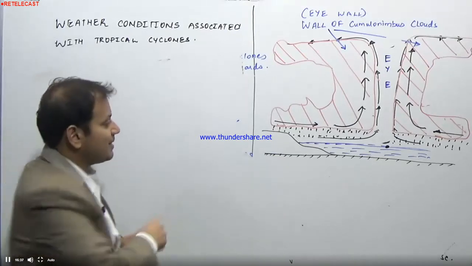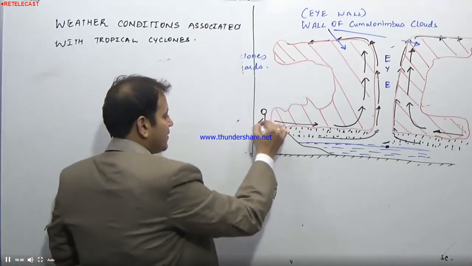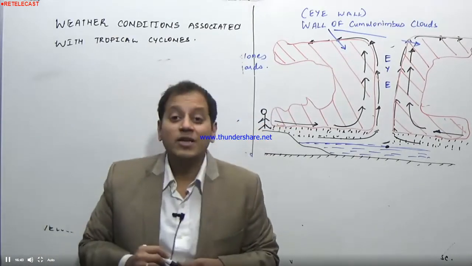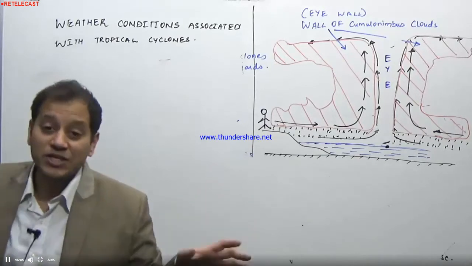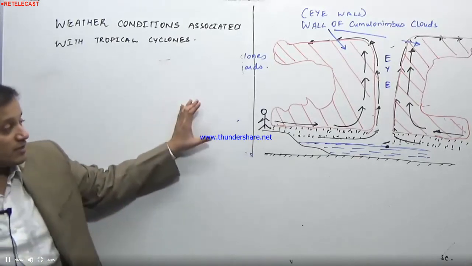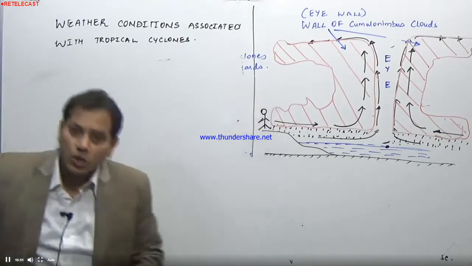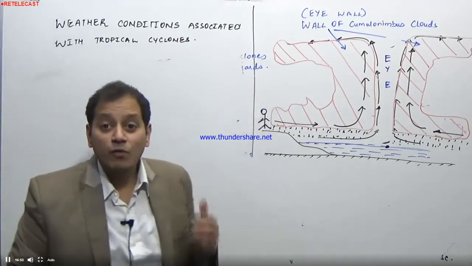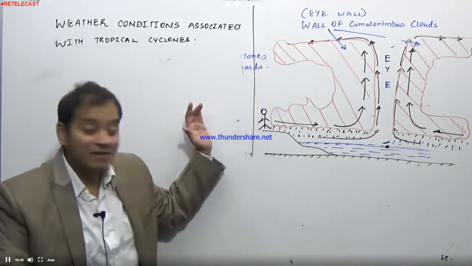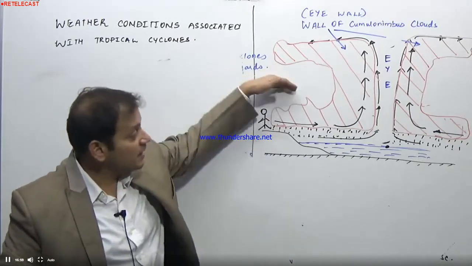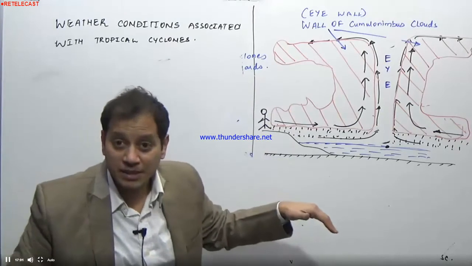if you as a person are standing here, what will be the weather conditions associated with the tropical cyclone? What will be the initial condition if you are standing here? So initially, what will you see? You will see that the winds are blowing from your back. Suddenly there will be a reduction in the visibility.